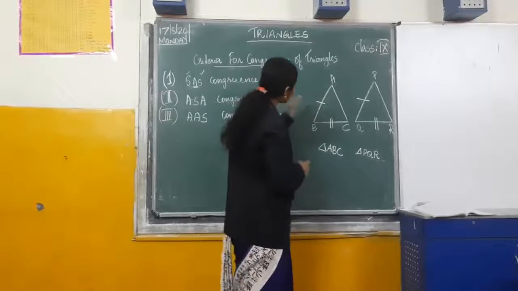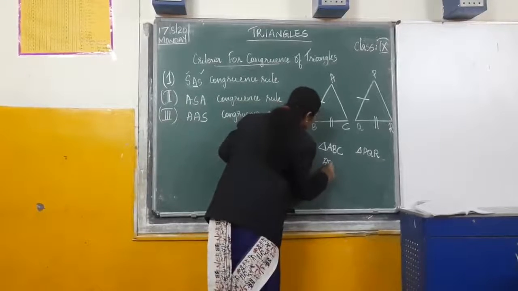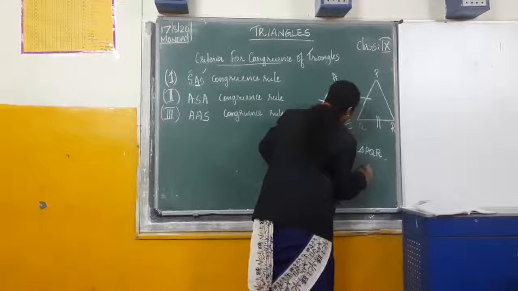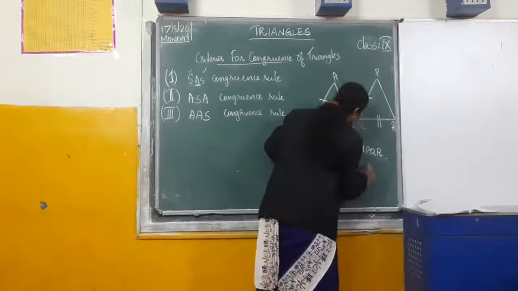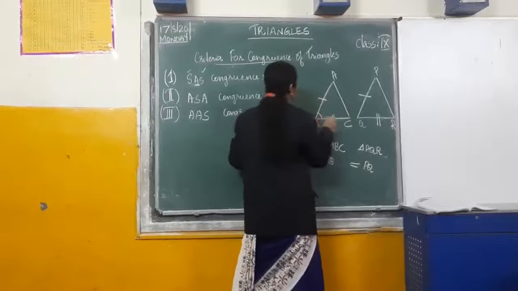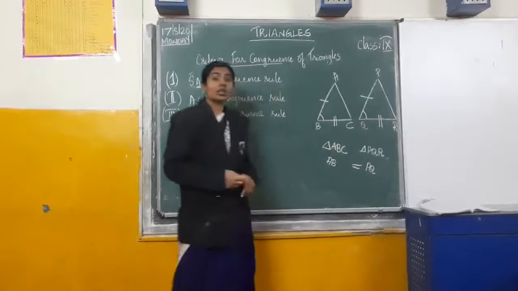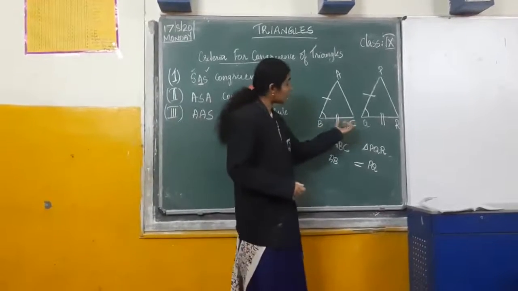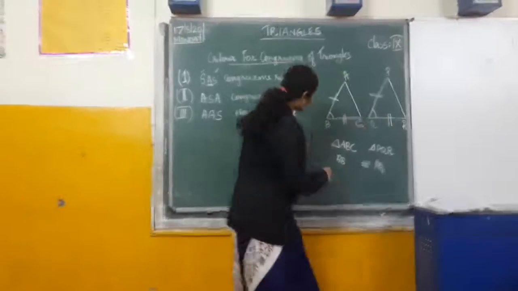Here the first triangle, the side AB is equal to PQ. And see here BC is equal to QR.